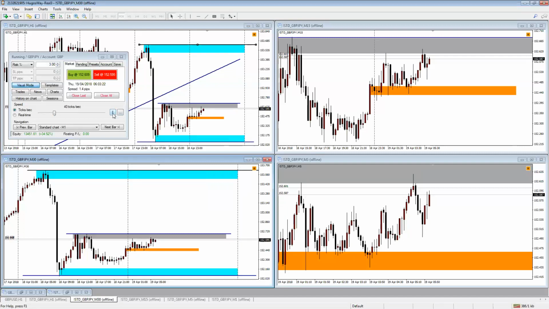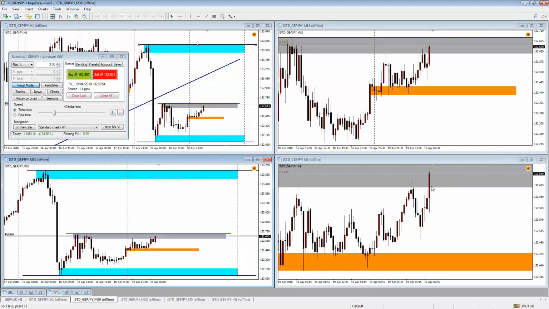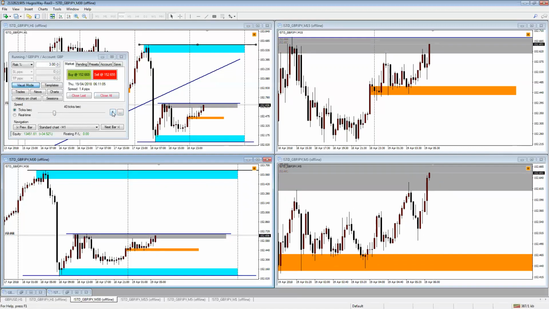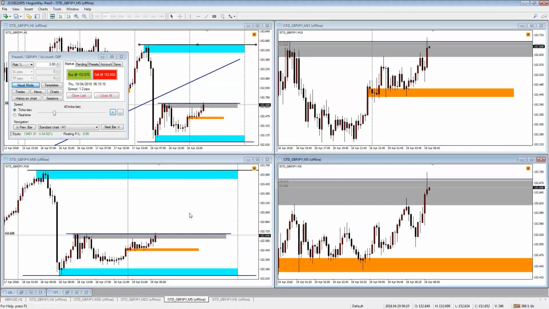Can we take a sell? Let's go. If there's one more candle like this in 5 minutes, then I'm gonna take it. Give me a rejection. One more minute. Okay, I'm gonna take this.